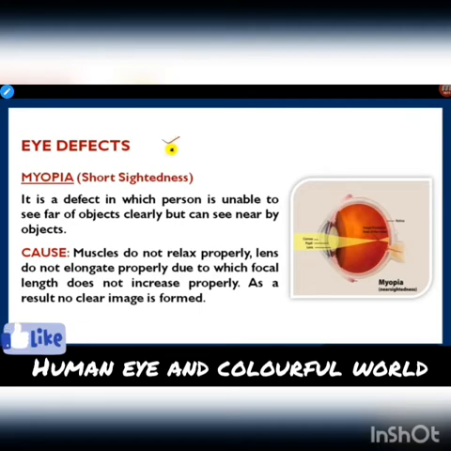What is the cause? Muscles do not relax properly. So, the lens does not elongate properly, due to which the focal length does not increase properly. As a result, no clear image is formed.